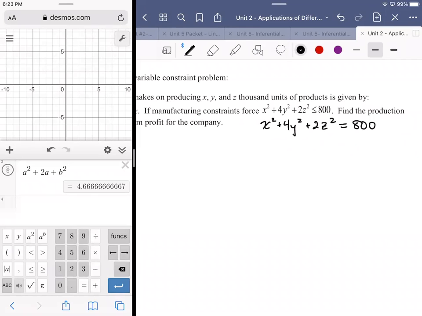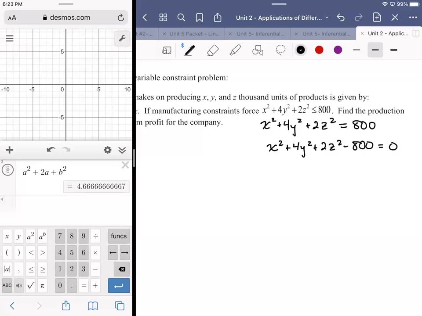Now, if I wanted to define this as a multivariable function, I would want to have everything over on the same side, and then define it as that multivariable function, where we have x, y, and z in the equation. It would be equal to w or a lowercase omega, either way, but we're going to say g, because typically for the constraint we use g.